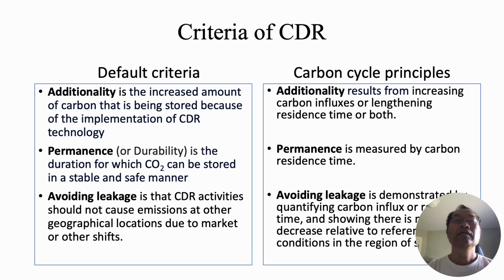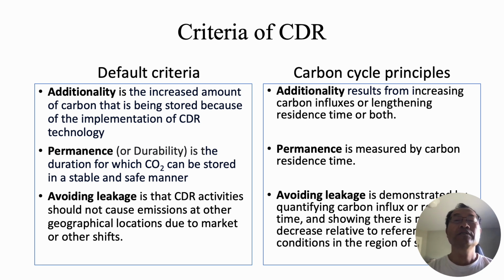Additionality is the increased amount of carbon that is being stored because of implementation of CDR technology. Permanency or durability is the duration for which carbon dioxide can be stored in a stable and safe manner. Avoiding leakage is that CDR activities should not cause emission at other geological locations due to market or other shift.